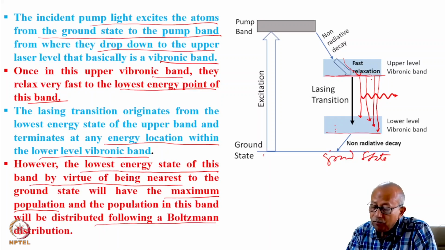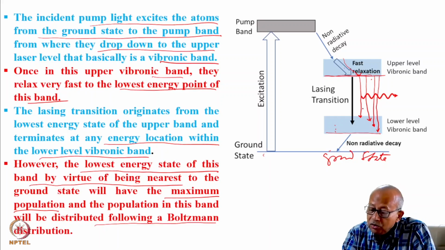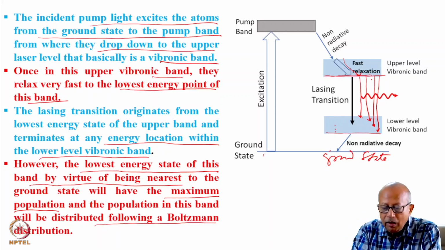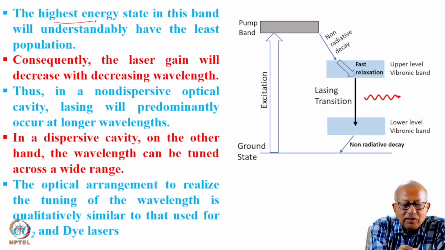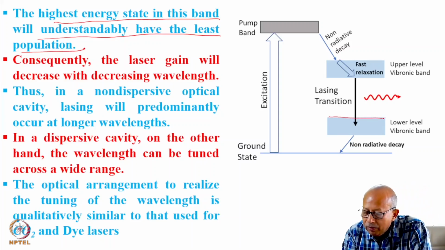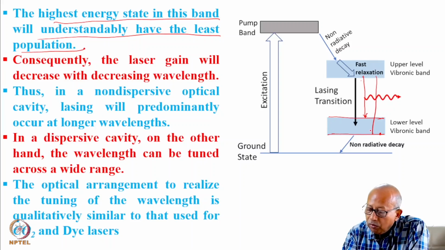And therefore, between which transitions will the population inversion be maximum? The highest energy state in this band will understandably have the least population, and the lowest energy state in this vibronic band will have the maximum population. Therefore, the gain will be maximum for this transition and minimum for this transition.